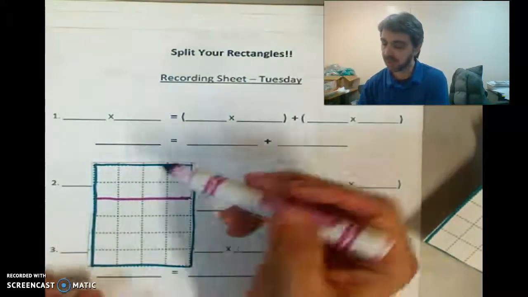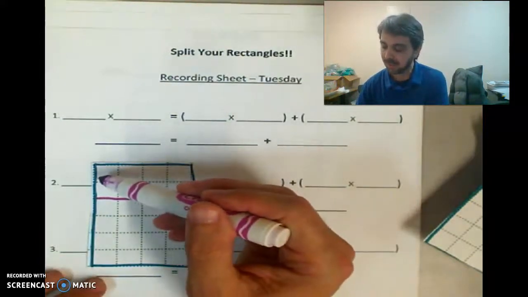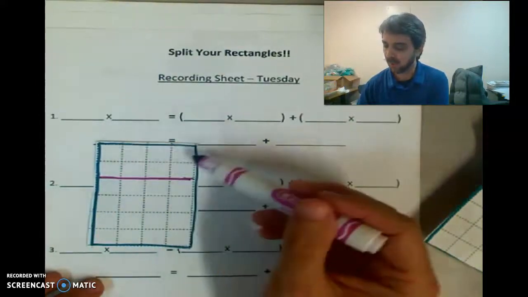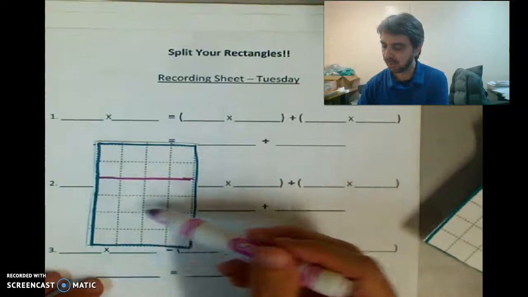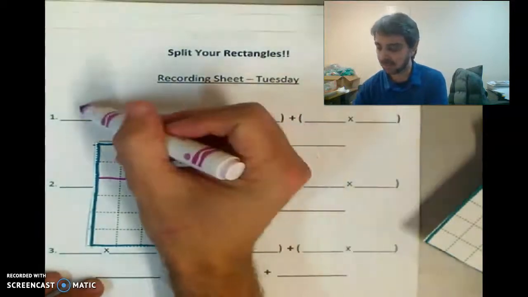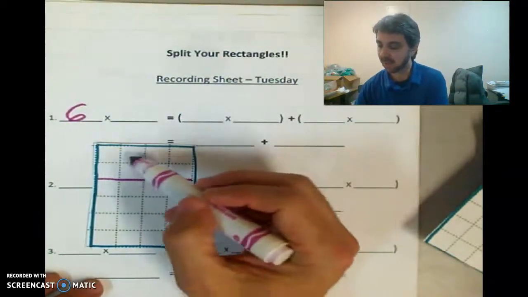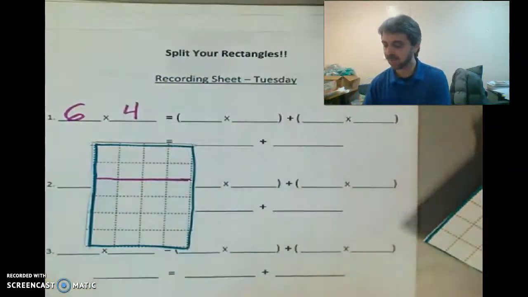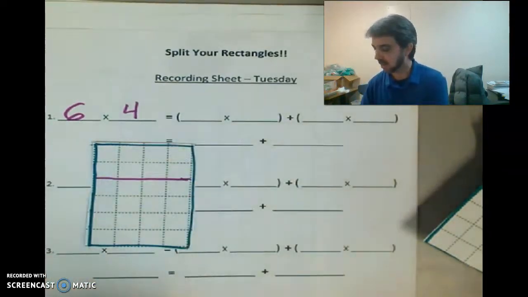Okay, so what we originally started with was, how many rows do we have in this rectangle? Looks like we have 1, 2, 3, 4, 5, 6. Okay, and how many in each row? So we have 4. Okay, so 6 times 4 is the same as, so let's look at this.